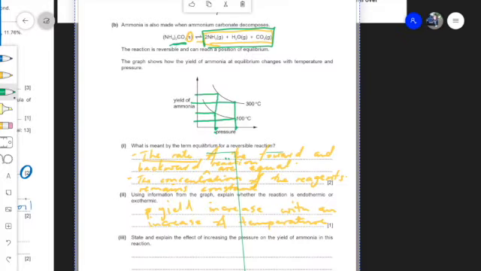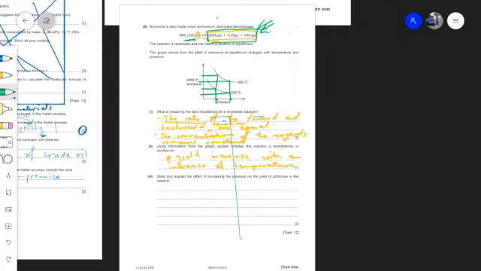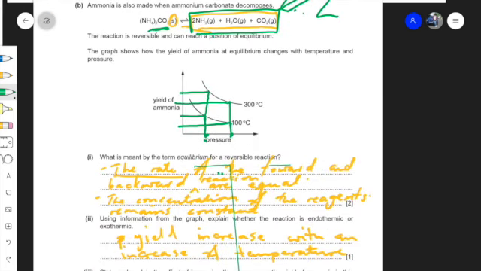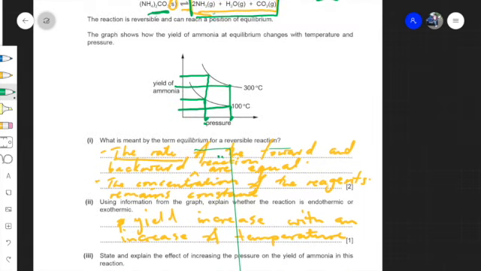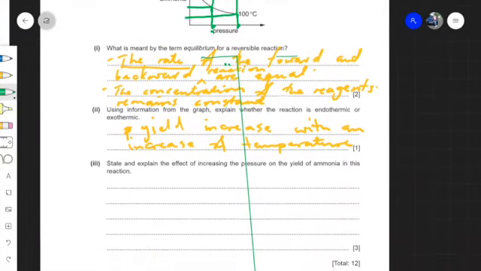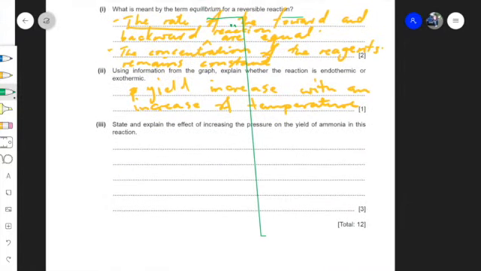Because you can compress the products, the equilibrium is going to shift towards the reactants, because you are causing the particles to collide more. They become too close together and the collisions increase, and therefore the backward reaction is going to be favored. Therefore the yield is going to decrease.